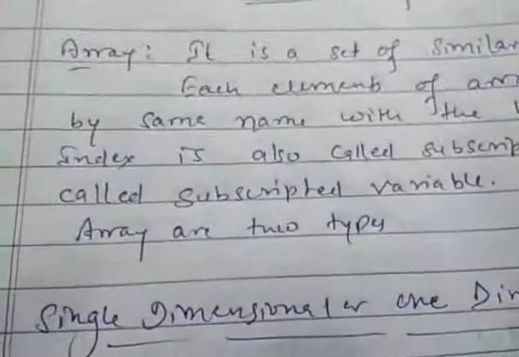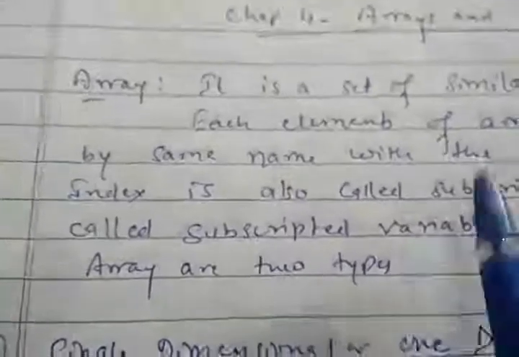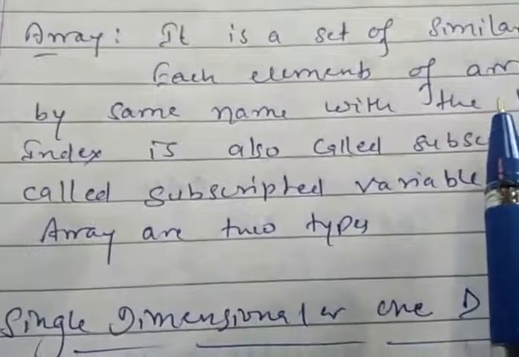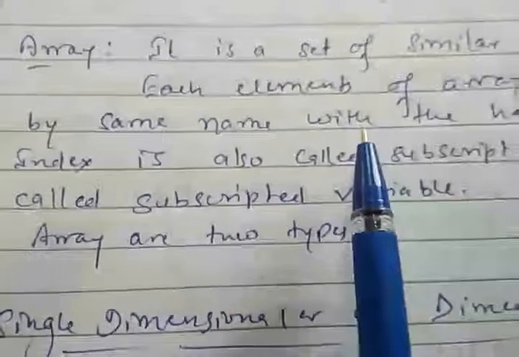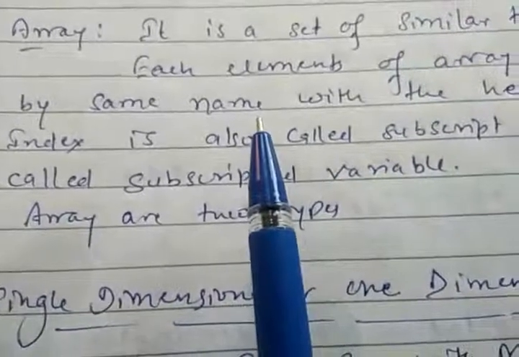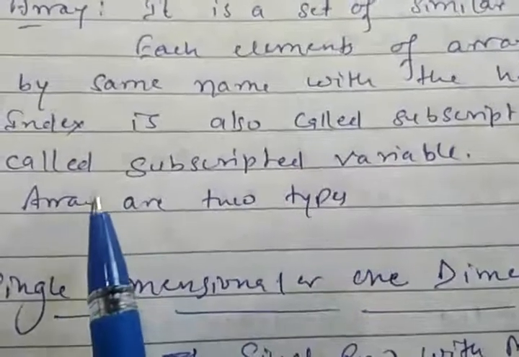So what do you mean by an array or a NumPy array? An array is a set of similar type data elements, and each element of the array is accessed by the same name with the help of an index value.